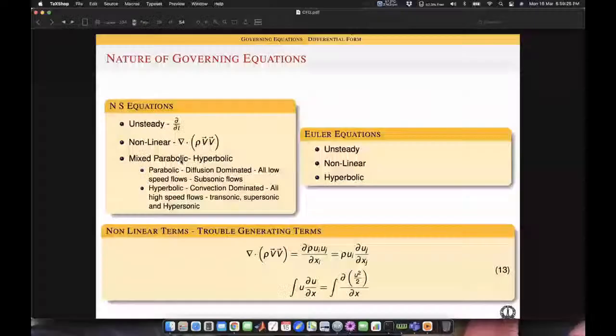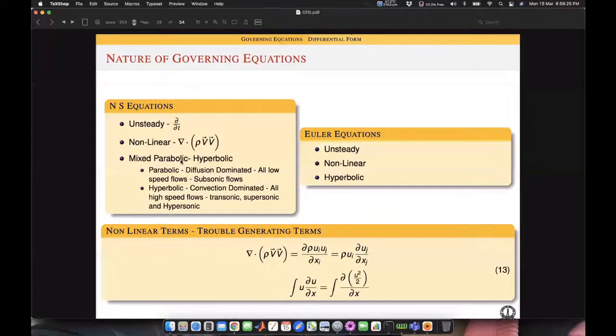Suppose my fluid is accelerating from subsonic to transonic to supersonic to hypersonic. Initially it is parabolic, then it goes to hyperbolic, and it becomes strictly hyperbolic in one of the regimes. So suddenly, dynamically, the nature of the governing equations changes.